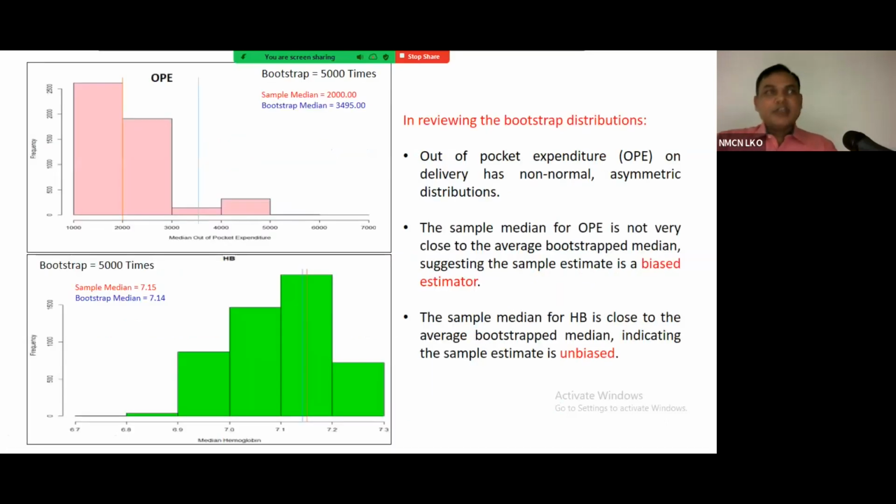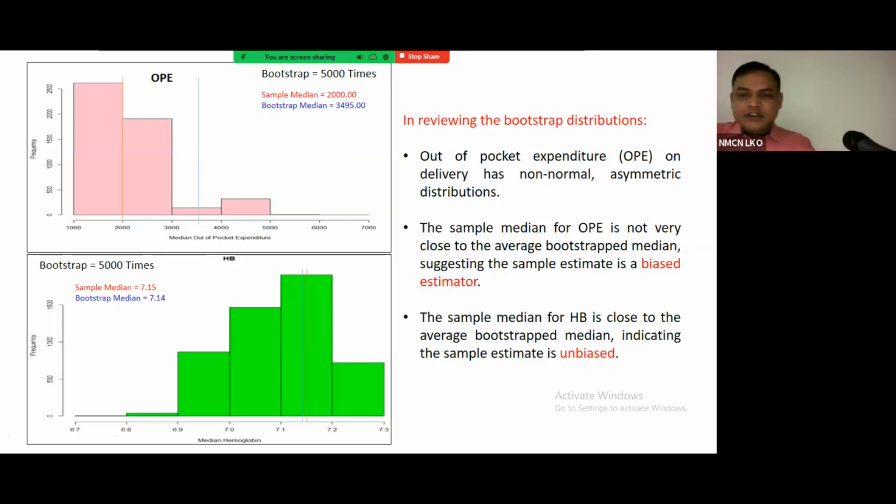Now, if we see the sampling distribution of these two variables after 5,000 times replication, in the case of out-of-pocket expenditure on delivery, we found that the sampling distribution is non-normal, and we can say that this is an asymmetric distribution. So the sample median of out-of-pocket expenditure is not very close to the average bootstrap median, suggesting that the sample estimate is a biased estimator.